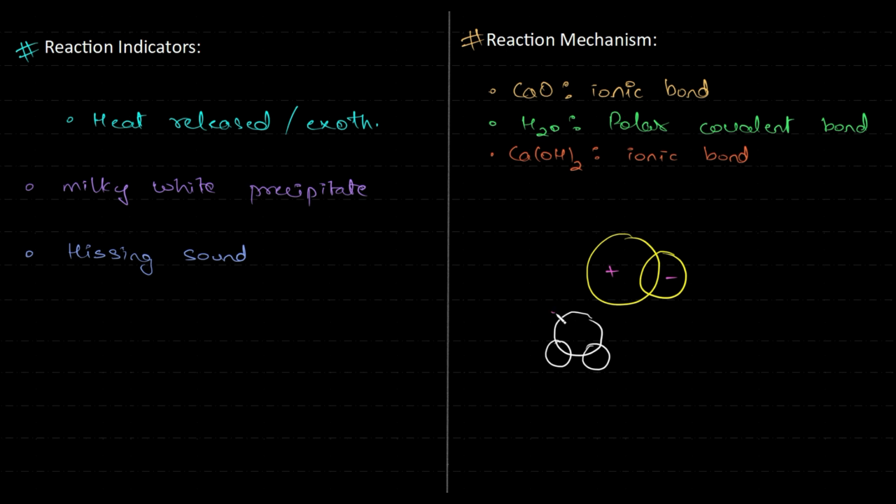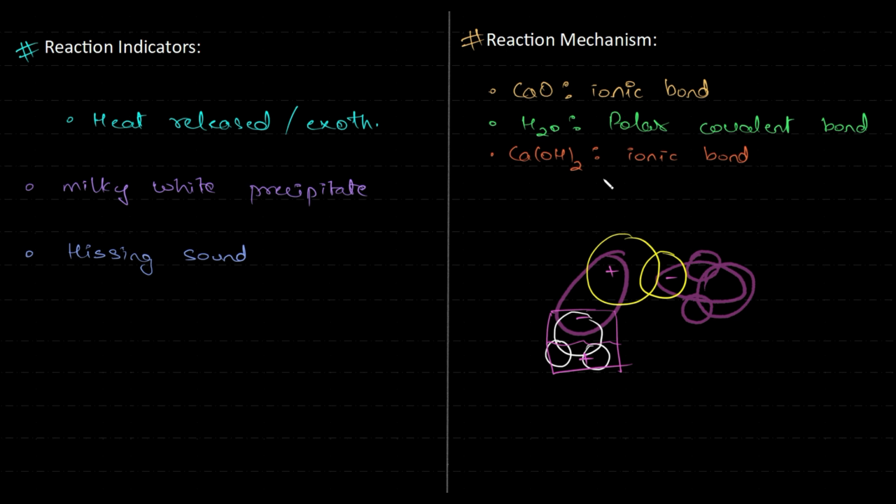In water, it acts in this manner: this is negative and this is positive. So what happens to negative and positive? Yes, they get attracted. Similarly, there will be many such attractions. Here the oxygen would be negative, so the hydrogen atoms will get attracted.